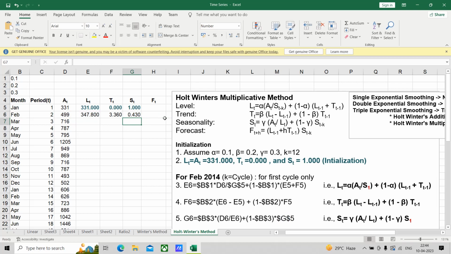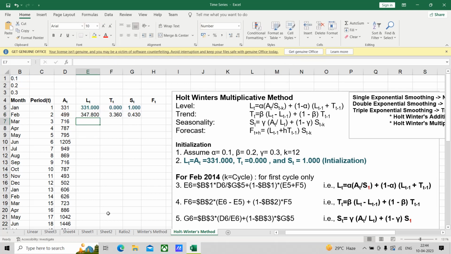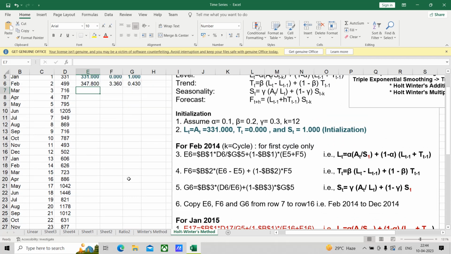So we get 0.430, and there is one change more in this formula. We have to make G5 absolute, so we press F4. Thus now it is complete, and for the next period we again apply this formula. So I have written here, copy E6.